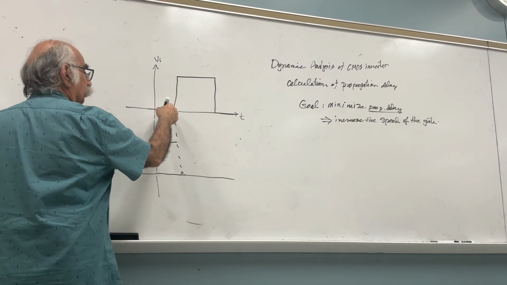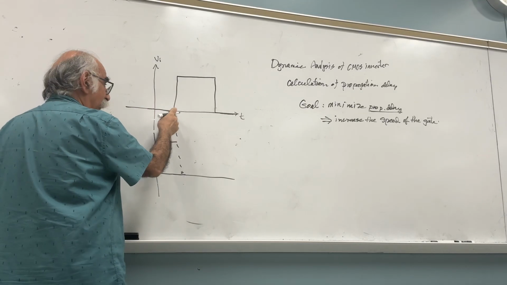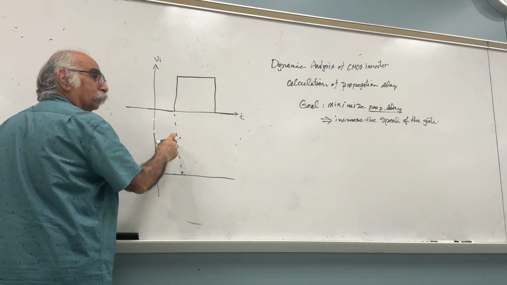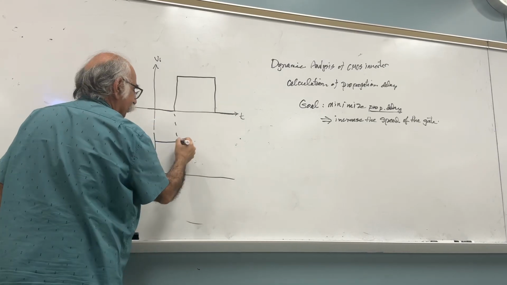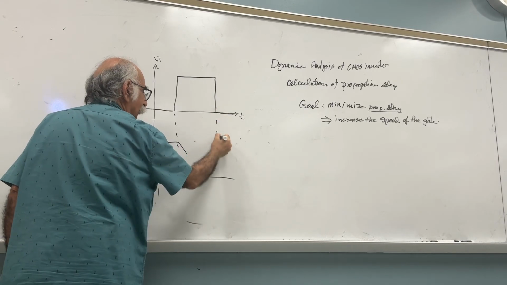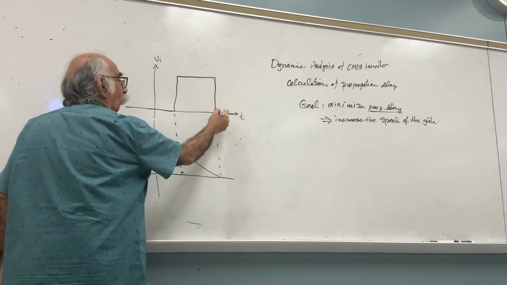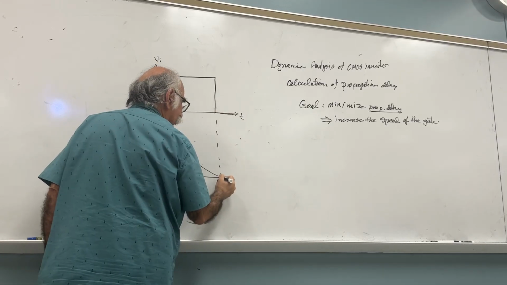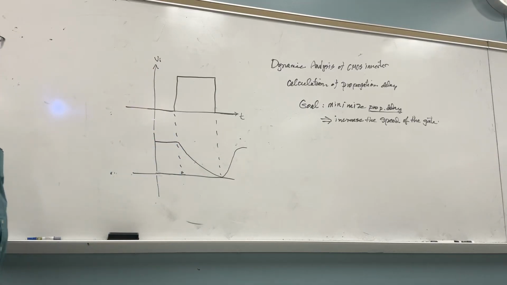Remember it's an inverter. When the input is low, the output is high. Then the input goes high, and the output will begin to discharge. When the input goes low again, it will begin to charge again. Did you get it or not?